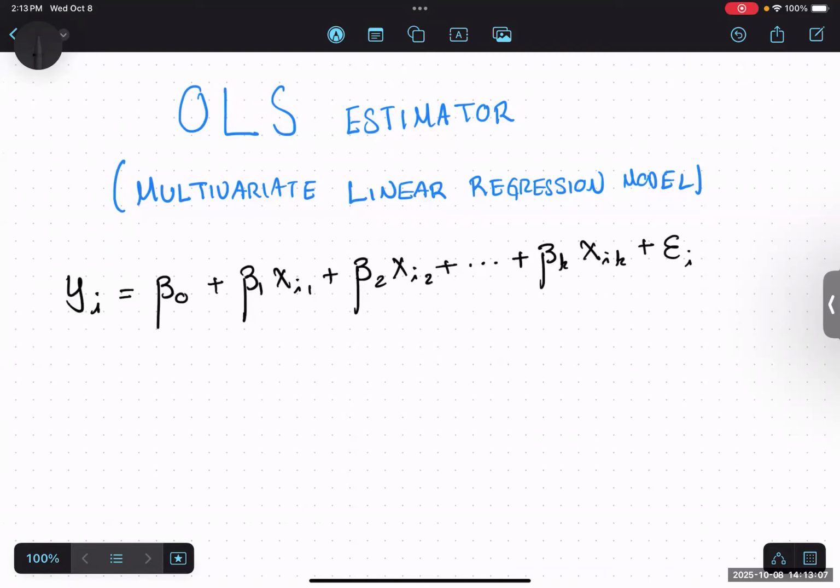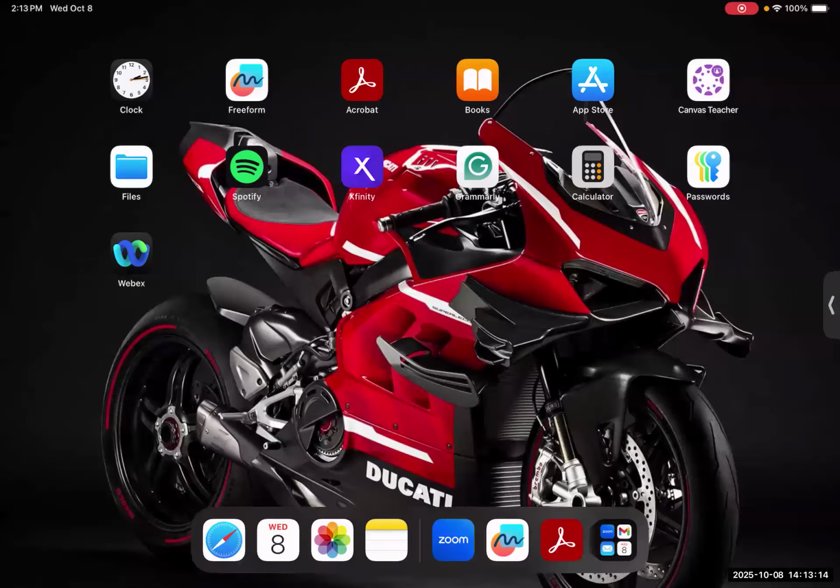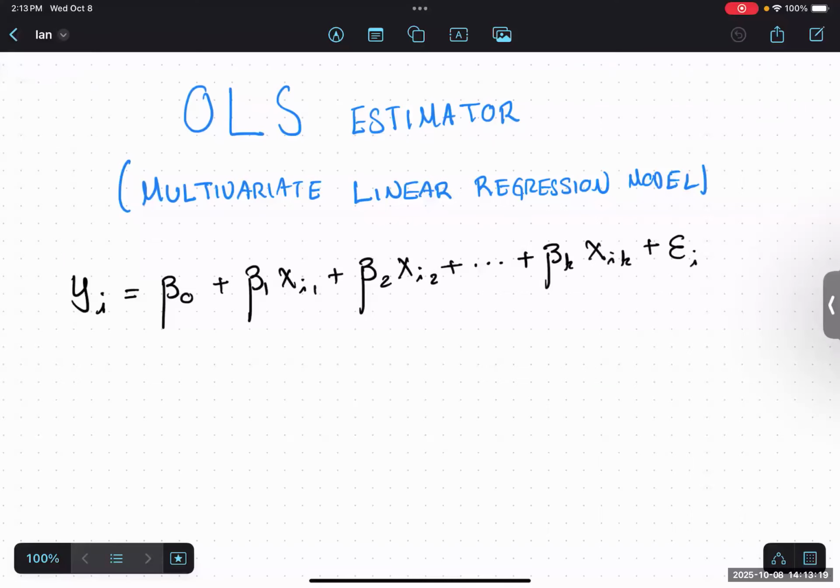Now, note that this equation tells you that for each individual, you are proposing this linear model. But that's for each individual i. One of the nice things about the matrix notation is that you can basically propose a similar equation, same model, but everything will be compact in vectors and matrices.